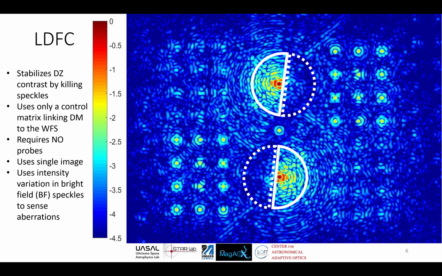And then it creates two separate PSFs, one right circularly polarized, one left. And so you get two copies of your PSF. You get a dark hole on the right in the top one, a dark hole on the left in the bottom one. And so the idea is that between the two, you have 360-degree coverage around your star.